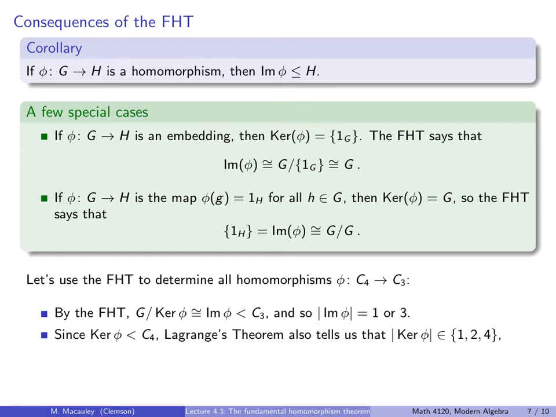On the other hand, we know that the kernel of phi has to be a subgroup of C4, that is the domain. And Lagrange's theorem also says that the size of this subgroup divides the size of C4, which is 4, so the kernel of phi can only be of size 1, 2, or 4.